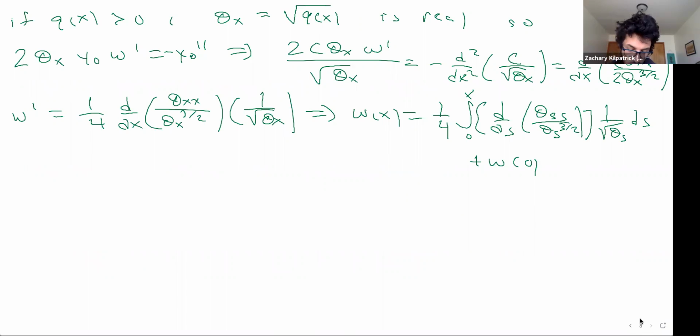And then to next order, we can find the correction based on this process of making an ansatz and some complicated integration that takes a few steps. But the general idea is that our WKB ansatz is actually going to be extremely accurate, and so typically you only need to take a single first order approximation.